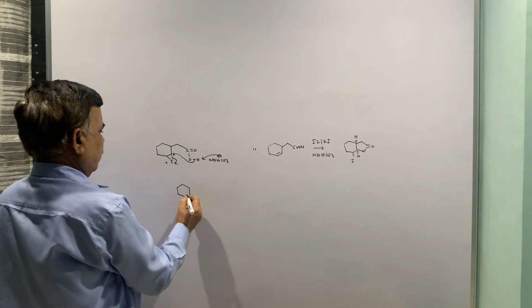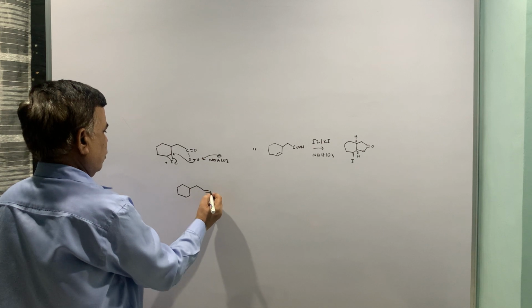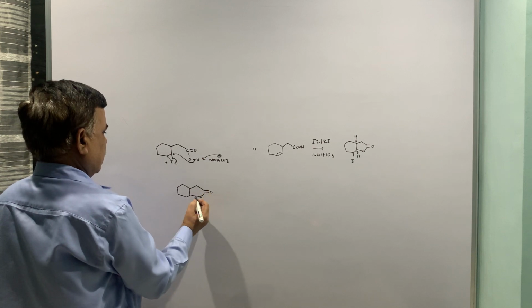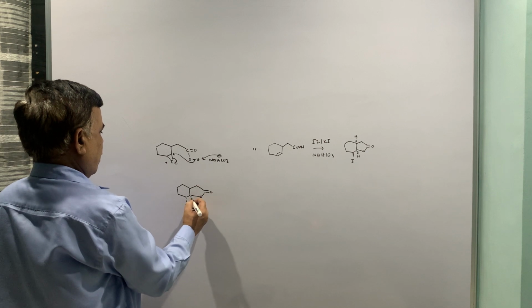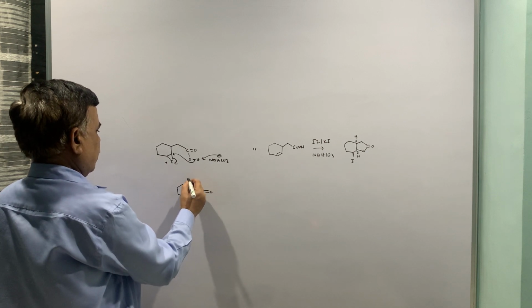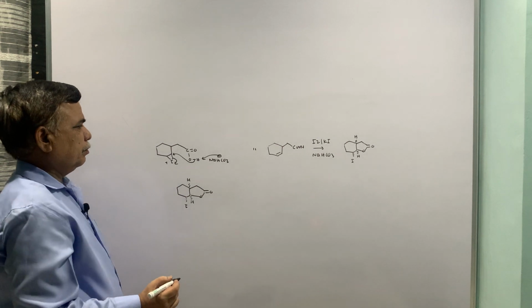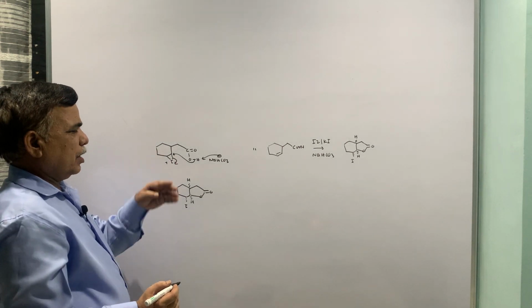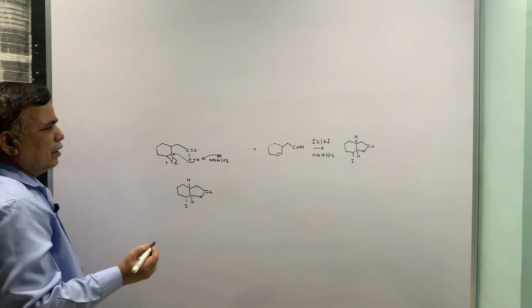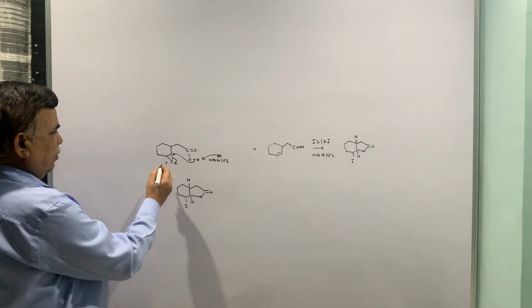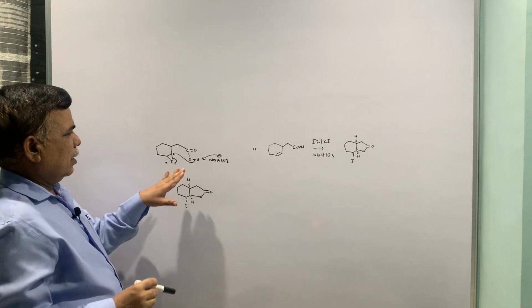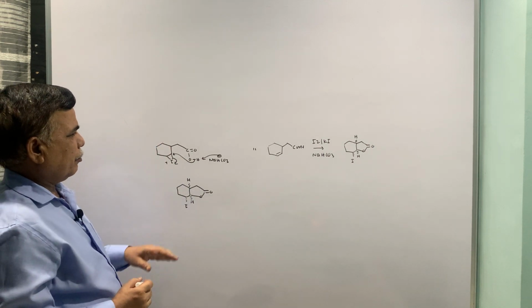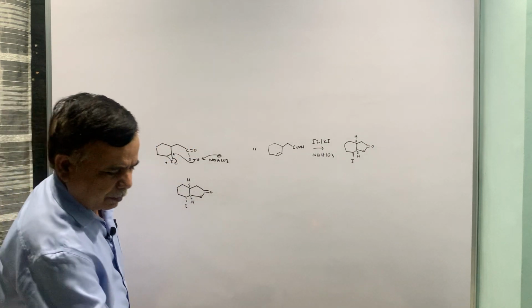So, ultimately what you have, CH2COO is getting attached here, so this also you can show like the earlier one wherein the iodinium ion is coming from the lower face and your O minus is attacking from the top face. So, something like that.